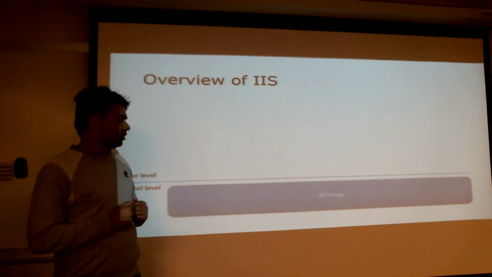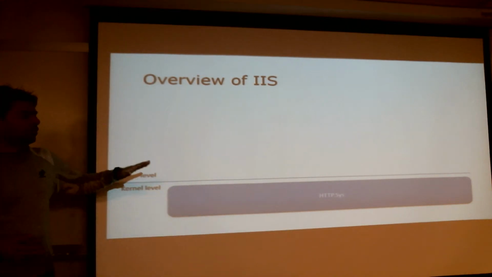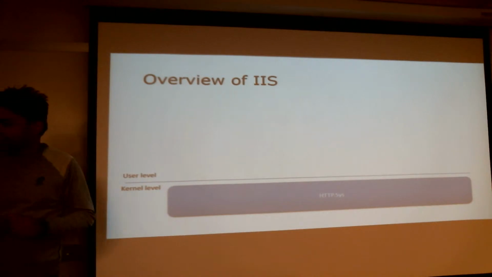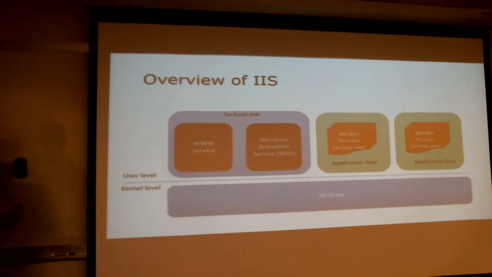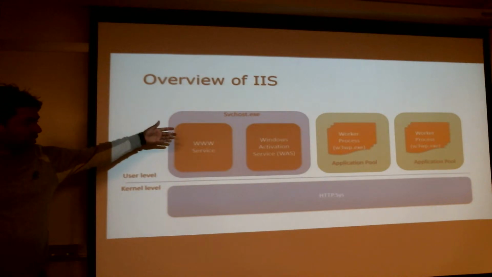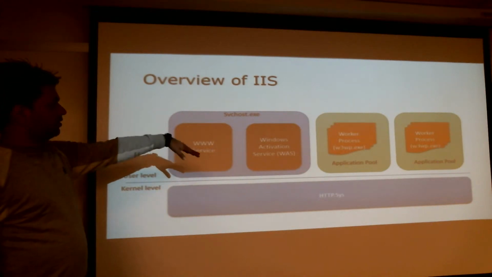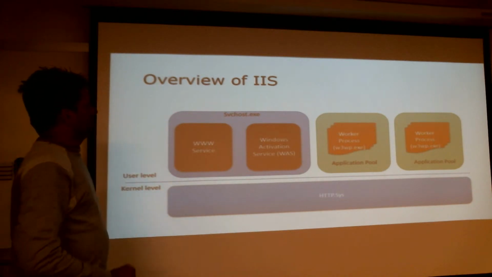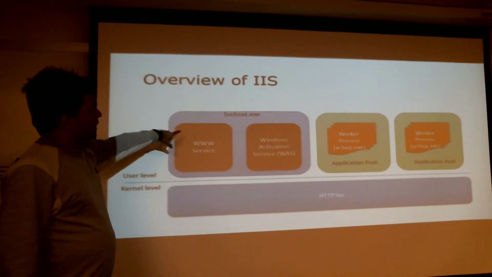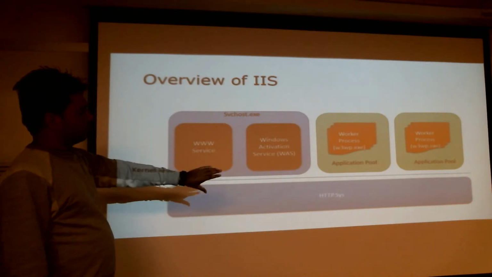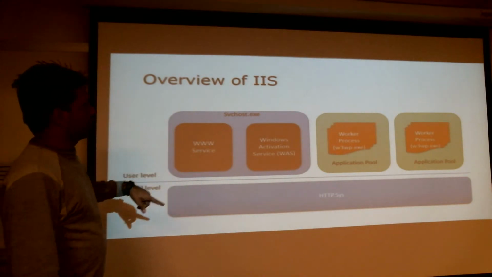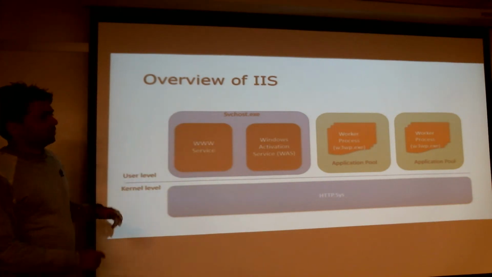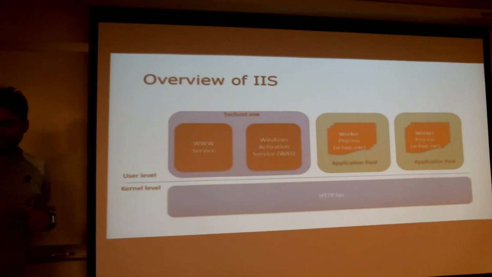It's highly performance optimized, so anything you do here hardly wastes any time. In the user level there are a few other things like the W3SVC service, Windows Activation Service, and worker pools. I won't go into detail, but these services manage HTTP.sys, the application pool configuration, and how the request gets processed.